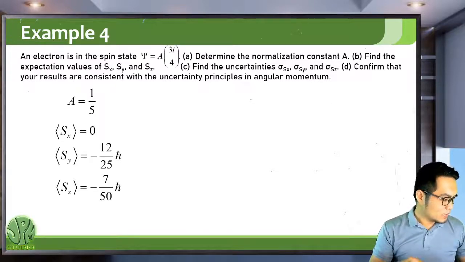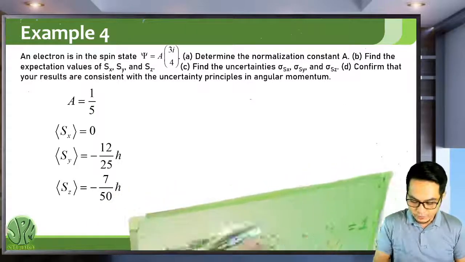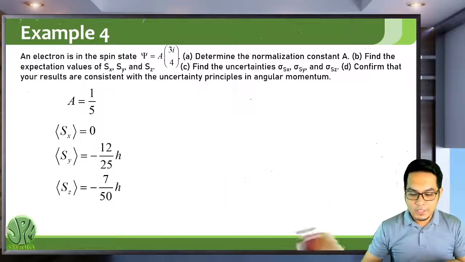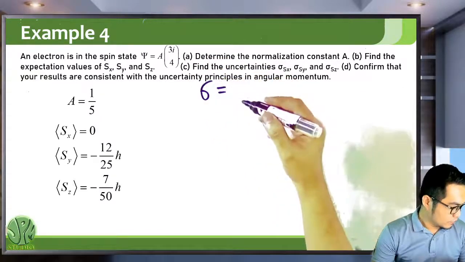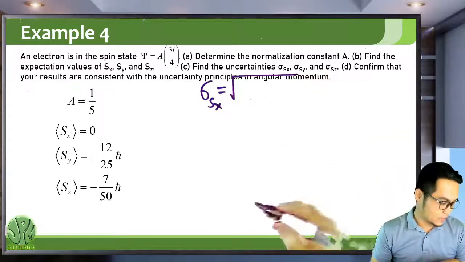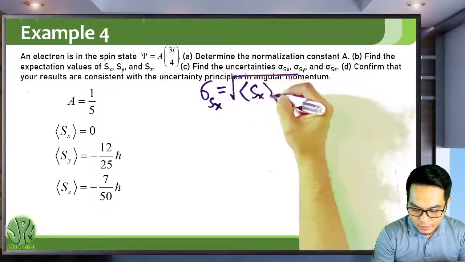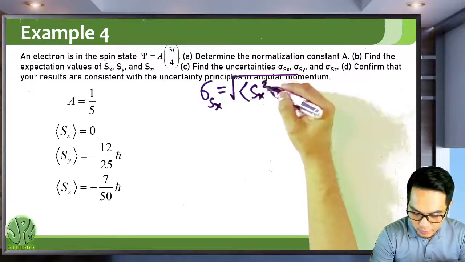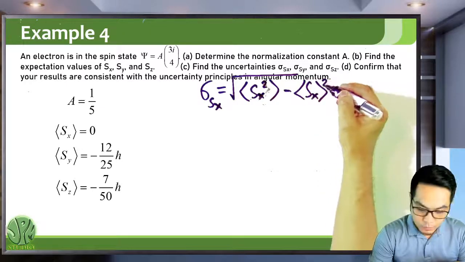In order to solve letter C, take note that the standard deviation sigma Sx is calculated as the expectation value of Sx squared minus the expectation value of Sx, squared.